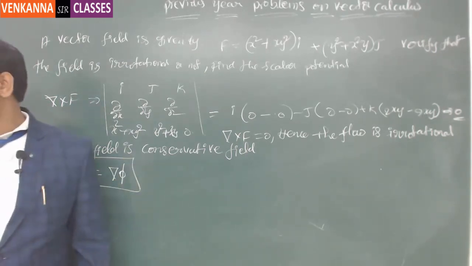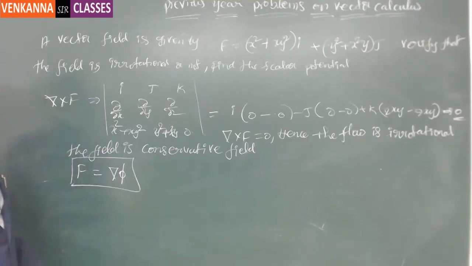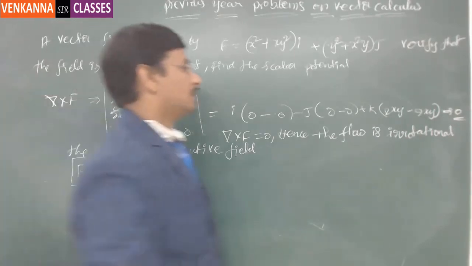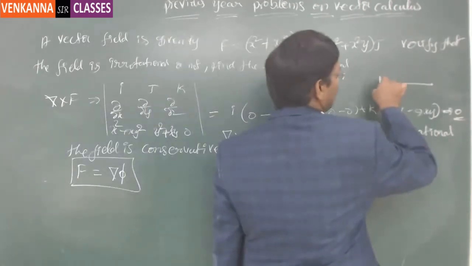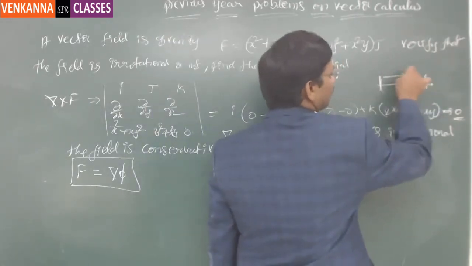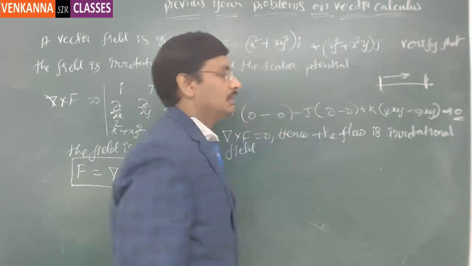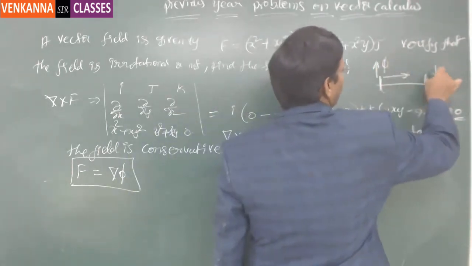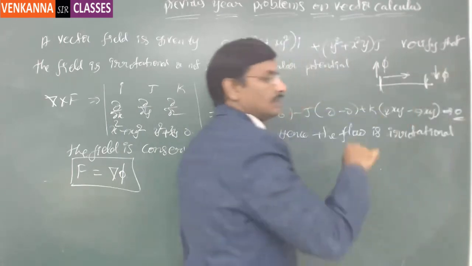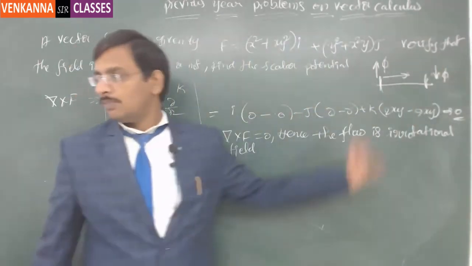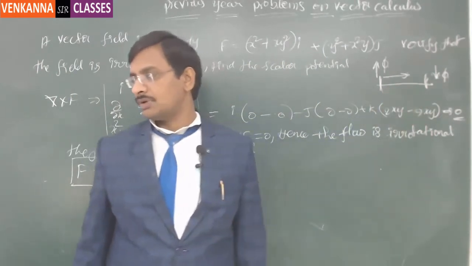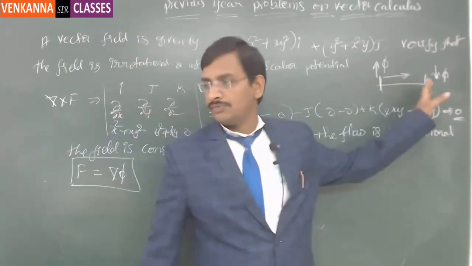That minus sign is introduced because the flow always passes from higher potential to lower potential. If you take this as the positive direction of the velocity, then here a higher value of phi will be there and here a lower value of phi. Hence the difference is a positive value, but the flow is in the opposite direction. Got it? So higher to lower.